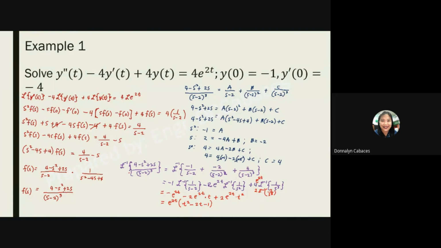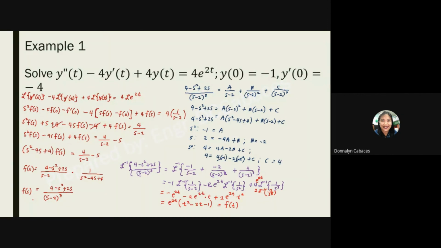And that is the inverse of 4 minus s squared plus 2s over s minus 2 cubed, which is simply your f of t. Okay? So you now have the solution of that given differential equation. Again, we started with finding the Laplace of all the terms. And then since it involves derivatives, you apply the transform of derivatives property. You just apply them, then apply the given conditions, then you will end up with a function of s, or your F of s.